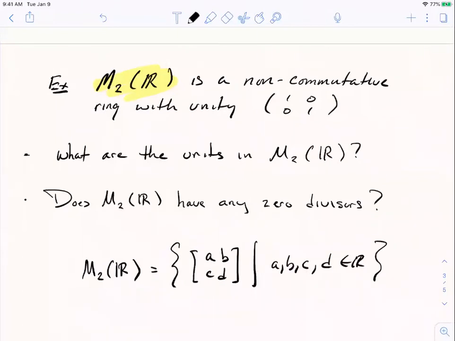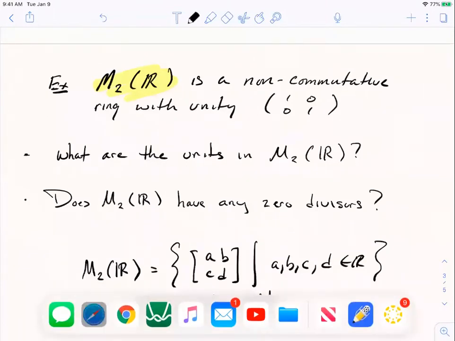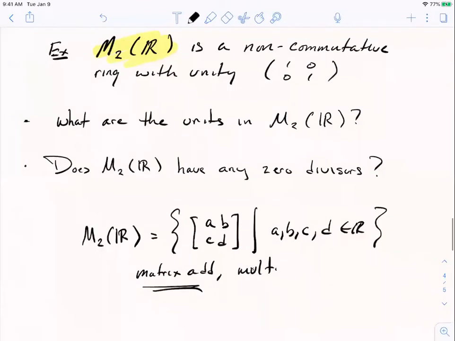And you have matrix addition. You have matrix multiplication. Product of two 2 by 2 matrices is a 2 by 2 matrix. Under addition, we know that this thing is an abelian group. I'm going to leave it to you to check the axioms, but yeah, it's a ring.